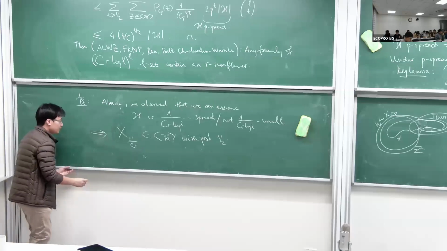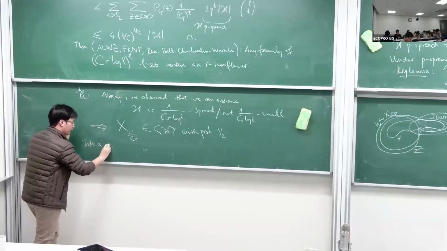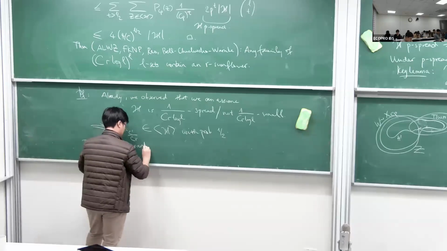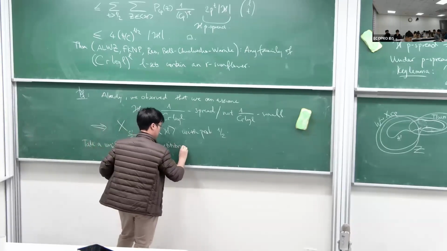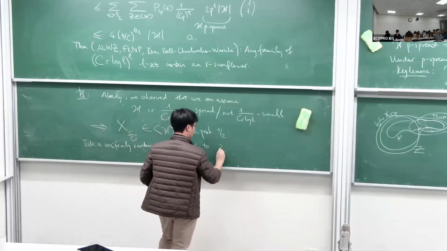So what you can observe is that you can take a uniformly random partition of X into, let's say, 2R parts.